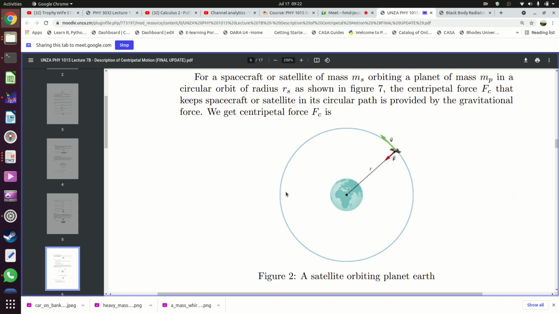If the satellite is being forced to move in a circle, there has to be a force, as you can see from this line here, F. There has to be a force which is providing the centripetal force.